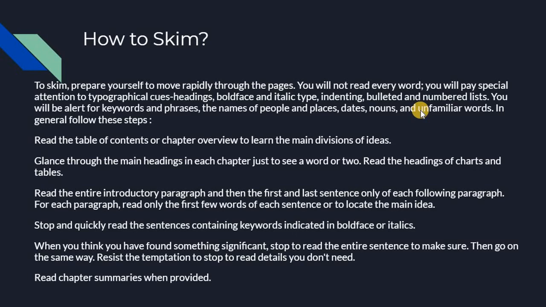That is, certain words will be written in boldface typeface, certain words will be written in italic typeface, and certain words or groups of sentences would be indented to the left. Certain lists will be numbered or bulleted, so your attention immediately moves to the list.